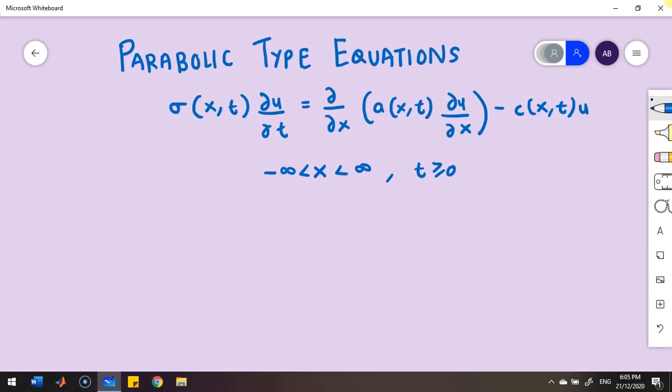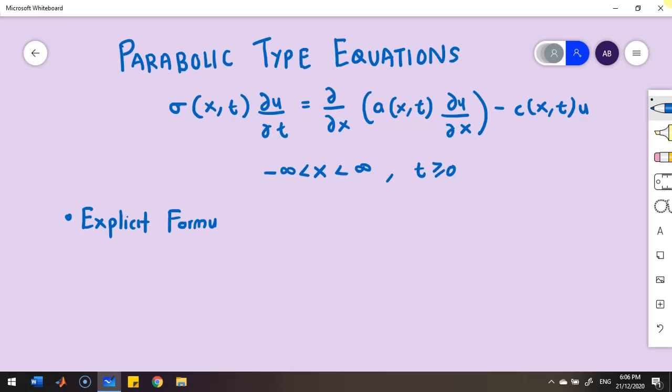Okay, you can solve this in a few types of region, but the region that we're interested in is the infinite region here. However, you can also have the semi-infinite region, or the quarter plane, or the open rectangle. Okay, so to solve this we are particularly going to look at explicit formula.